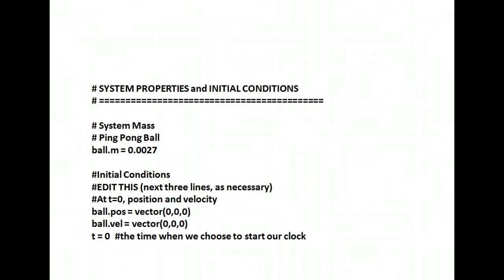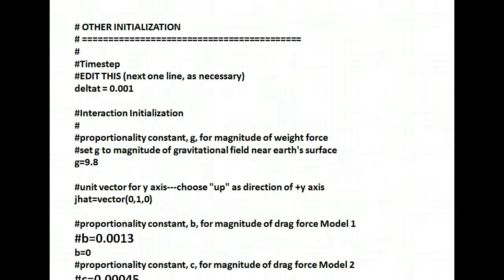Initializing your Python model, the ping pong ball mass is 2.7 grams or 0.0027 kilograms. The ball starts from rest with 0 position and velocity at t equal to 0.